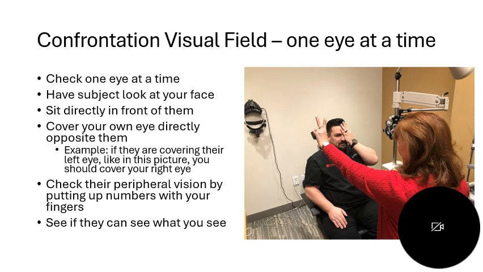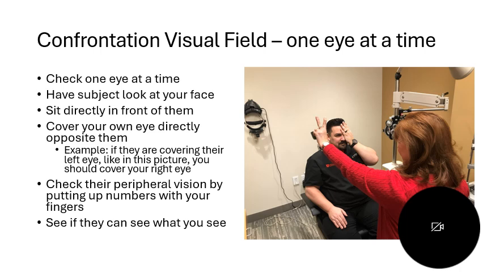You have the subject look at your face while you are sitting directly in front of them. Now you cover your own eye, which is directly opposite in front of them. So in this case, the person is covering their left eye. When you are sitting in front of them, your right eye is directly opposite, so you cover your own right eye. Now, with your other hand, you check their peripheral vision by putting up numbers with your finger.